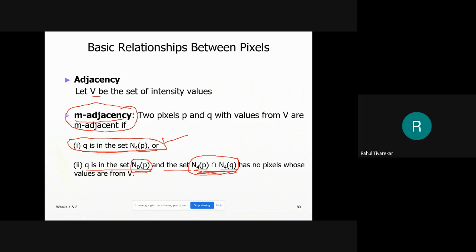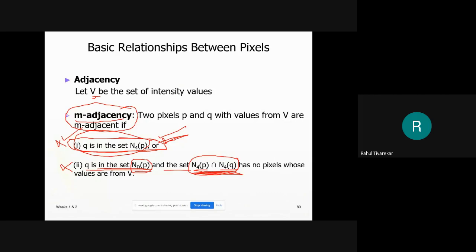So if they have a four neighbor common, then directly we can say that they are adjacent. If this is not true, then we go for this. So in this case, if they are diagonal neighbors of each other, then their intersection should not have any common element which is from V. Otherwise, we are not talking about this definition, we are talking about the other definition.